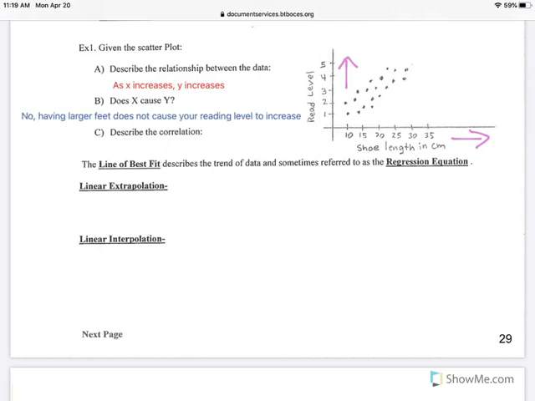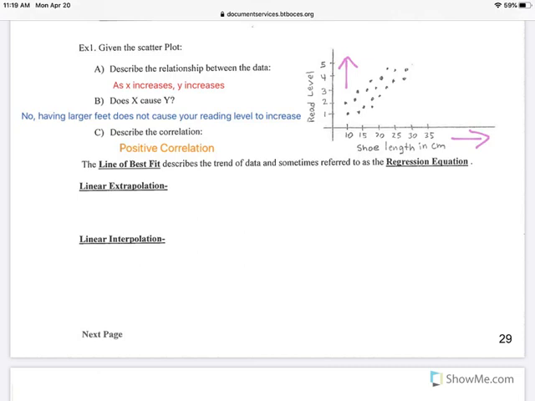For part C, where it says to describe the correlation, it's asking, is it positive, negative, or no correlation? And this would clearly be a positive correlation because as x increases, so does y. The next part says the line of best fit describes the trend of data and is sometimes referred to as the regression equation.